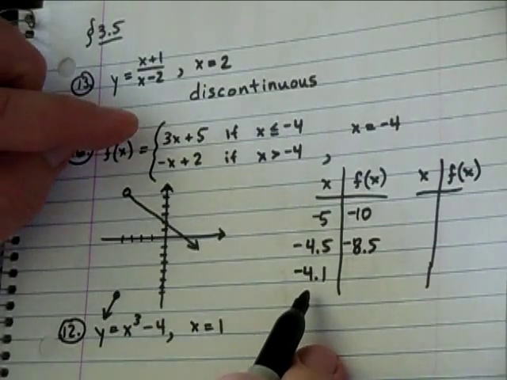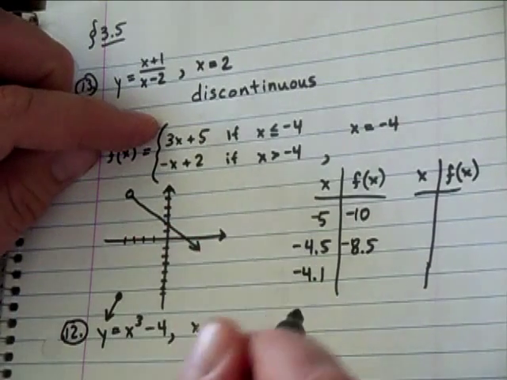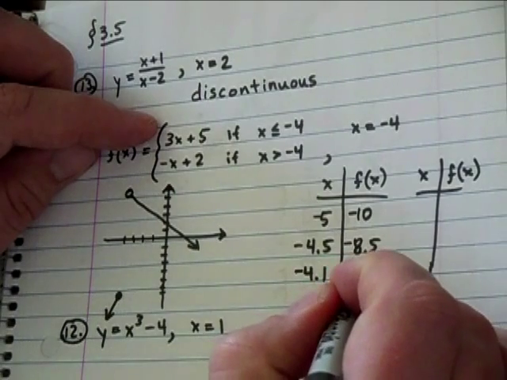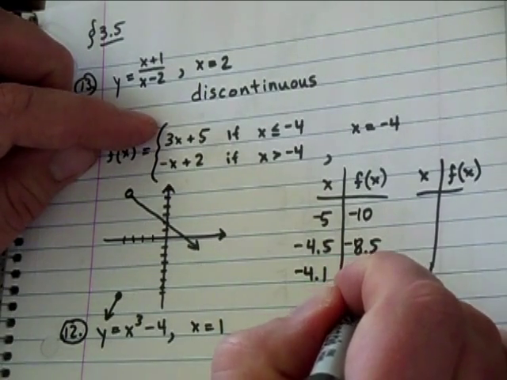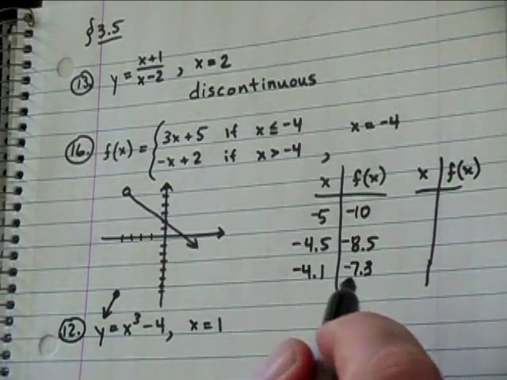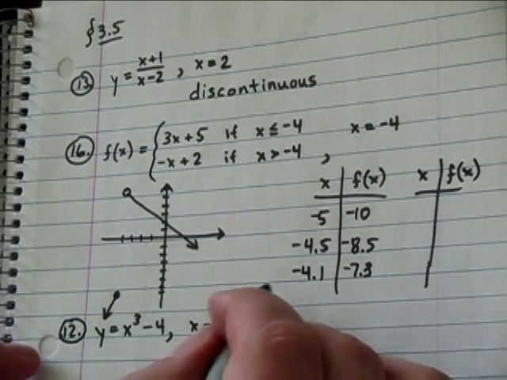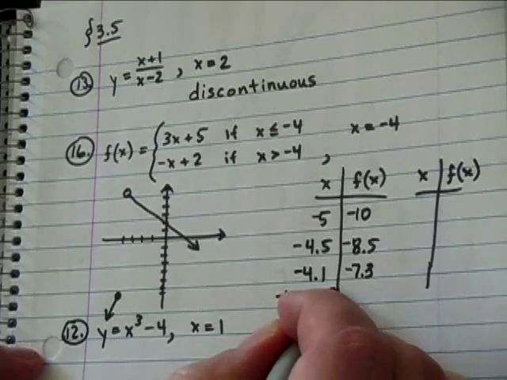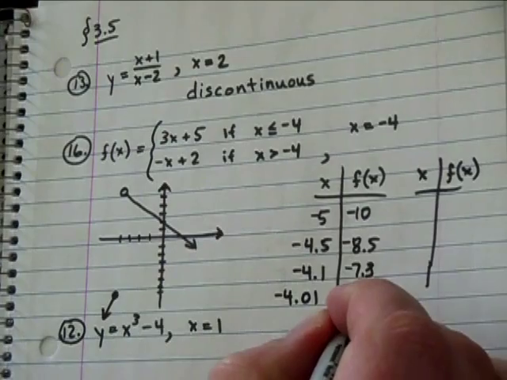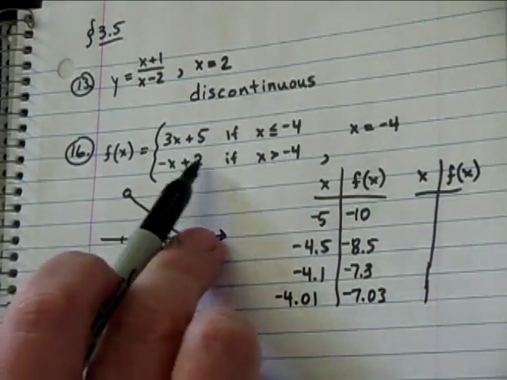And if I plug in -4.1, then I have -12.3 plus 5, which is -7.3. But you can see that it's approaching this y value that we had over here of -7. And if you wanted to get really close, you could even do things like -4.01, which should give you something like -7.03.